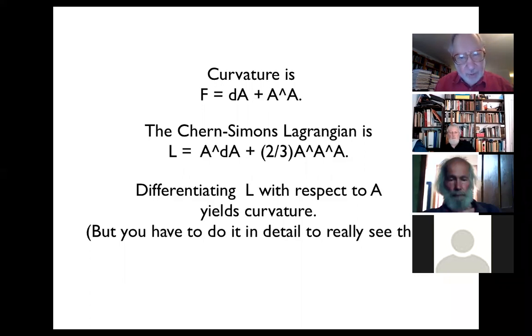So we're looking at a trivial bundle in this case over R3, and given a vector, which physically I would call an internal vector, in some internal property of the particle.